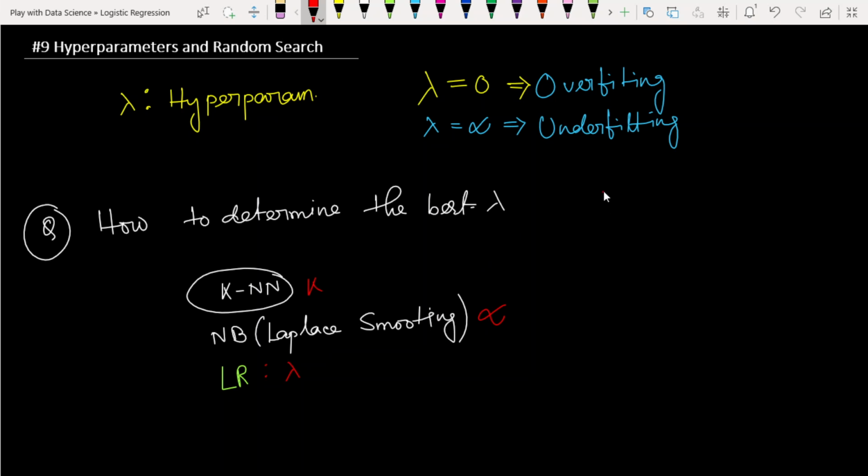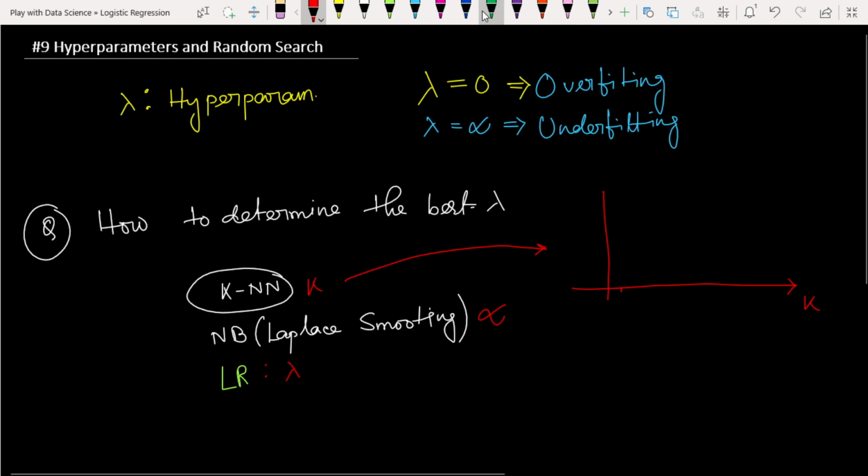So how do we determine it? Simple. Suppose we consider this model as K in KNN, we have K values ranging from 1, 2, 3, 4, up to K, and the corresponding error.